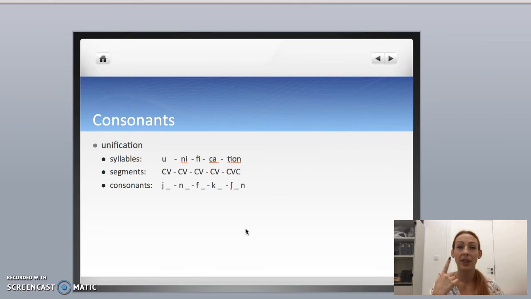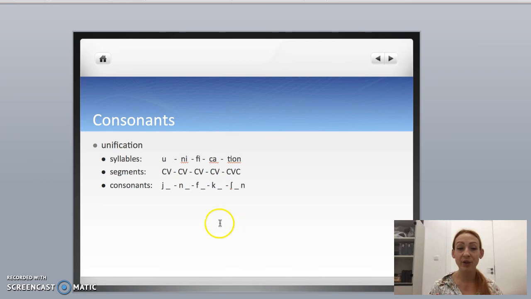You'll feel the tip of your tongue moving towards your alveolar ridge behind your teeth, but it's not fully touching. It is very, very close. It's making a hissing sound. So it is a fricative. So this is a voiceless post-alveolar fricative. Shh.